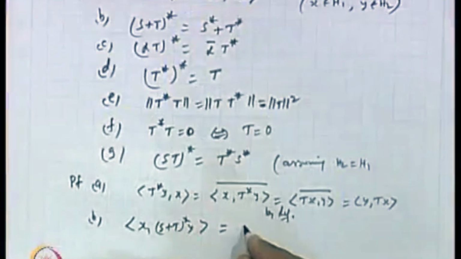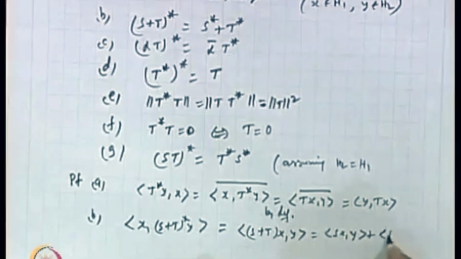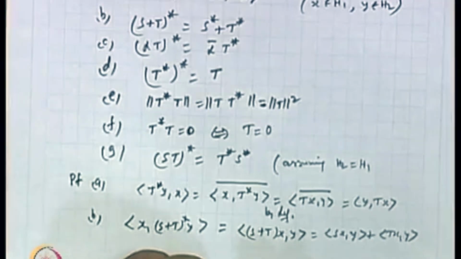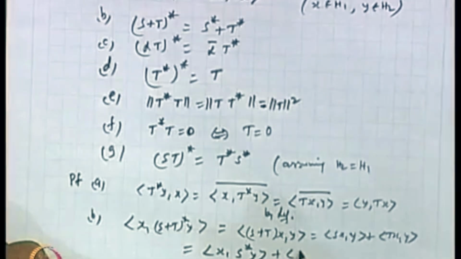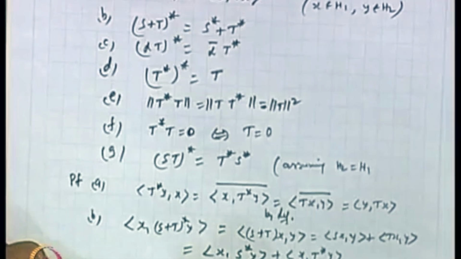So this is, by definition, S plus T x comma y, which is the same as Sx comma y plus Tx comma y, because of the linear property with respect to the first coordinate, and then you write it again as x comma S star y plus x comma T star y and add them up. So we get x comma S star plus T star y.